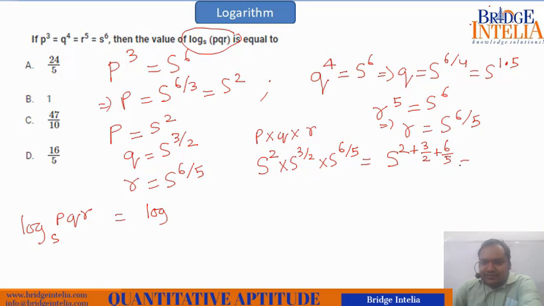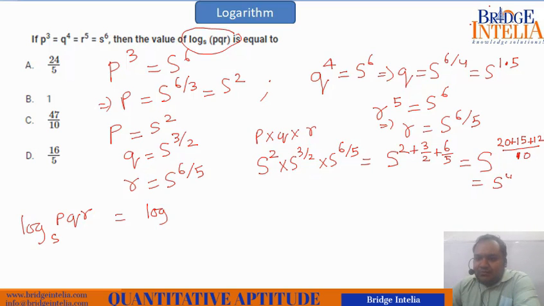So this comes out to be s to the power, you can take 10 as common, so 20 plus 15 plus 12. So this comes out to be s to the power 47 by 10.